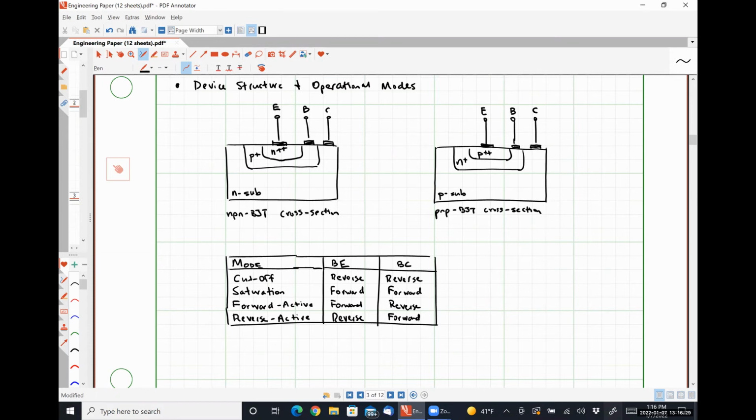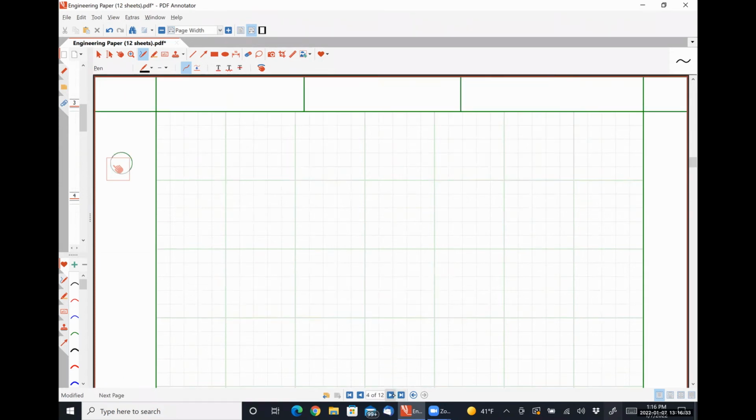So I'm going to draw a fairly big picture here, and I'm going to talk through some things, and we're going to make little annotations all over this thing, okay? So let's call this forward active mode operation.